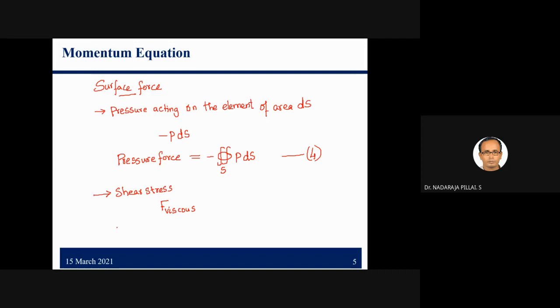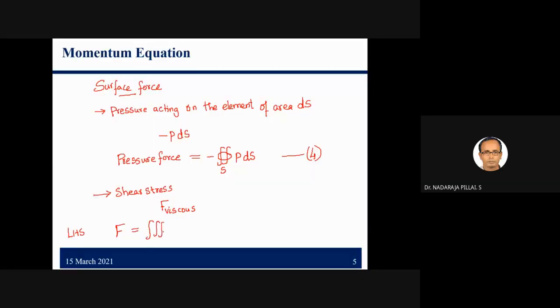Now, let us say the left hand side equation F, I can write F is equal to the triple integral over volume V of rho f dV, minus double integral over S of P dS, plus F viscous.